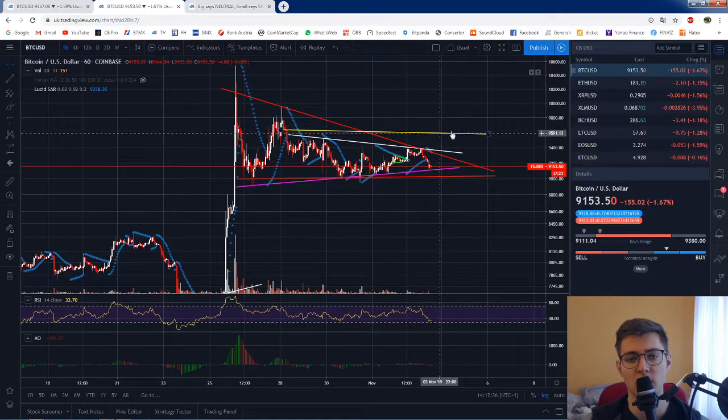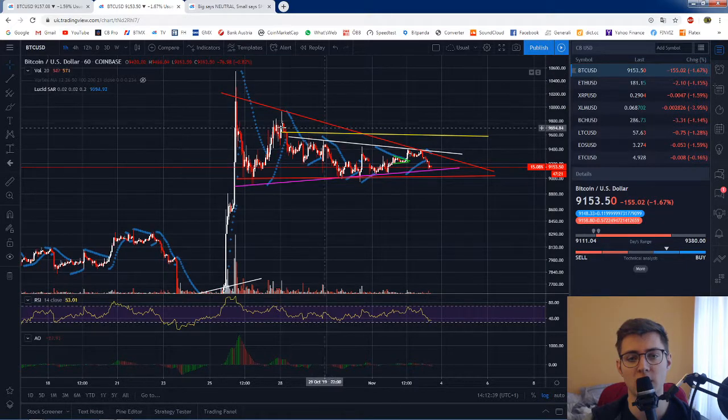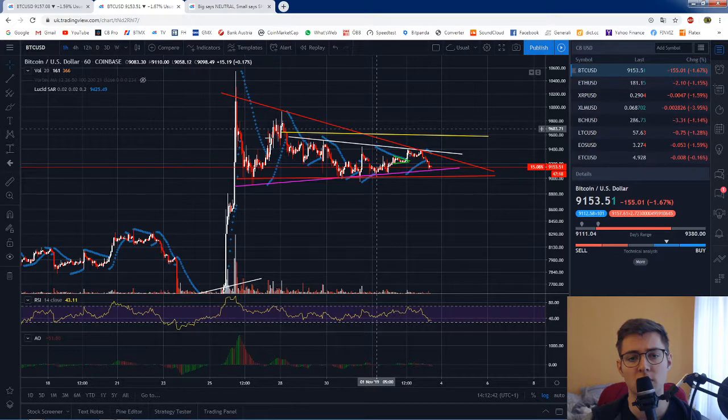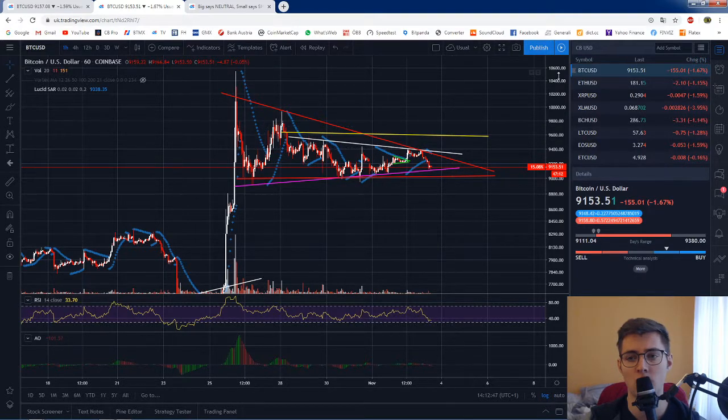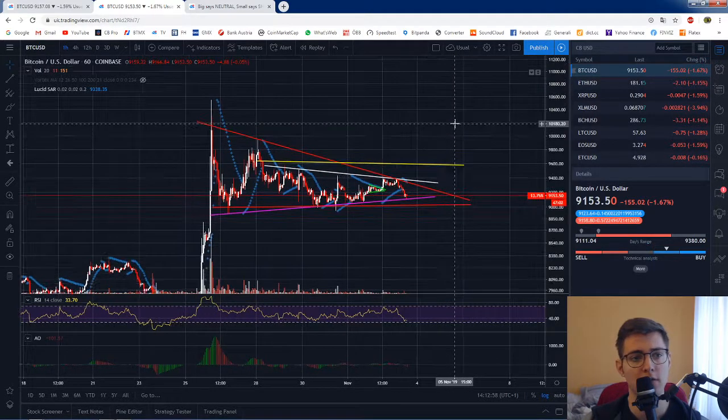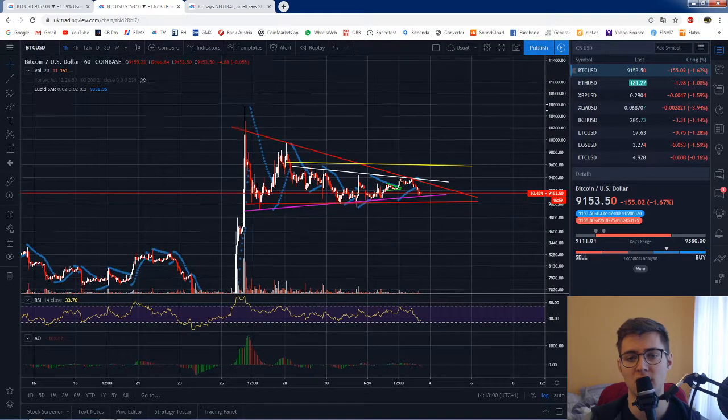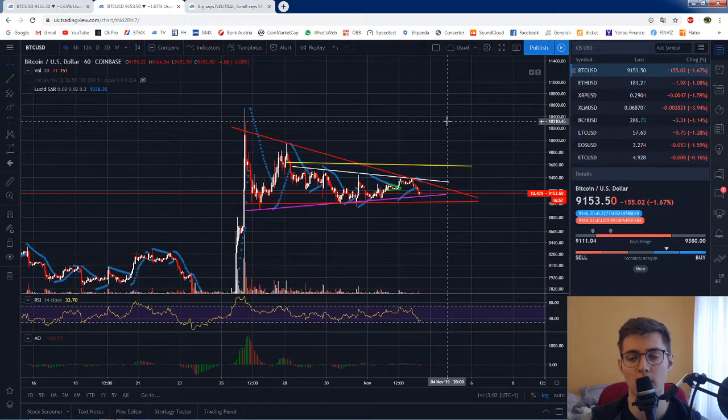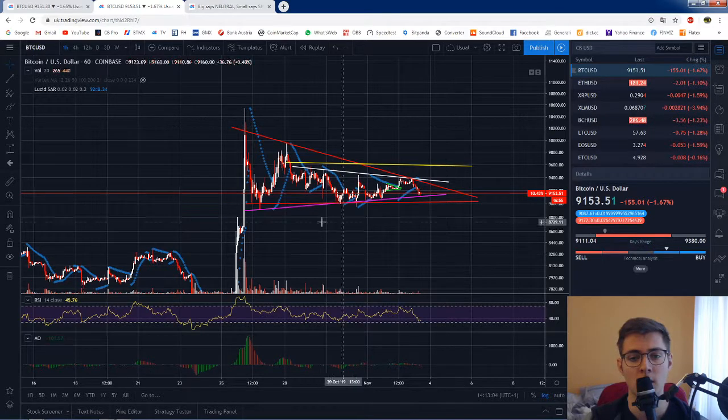And the yellow one is resembling the 100-day EMA. And that basically means that price is getting squeezed between the 200 and 100 EMA on a daily time frame, and that is also of high importance, since it indicates a big move to either side.